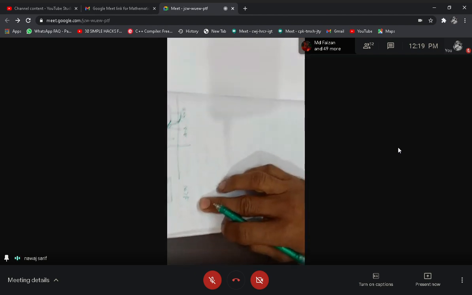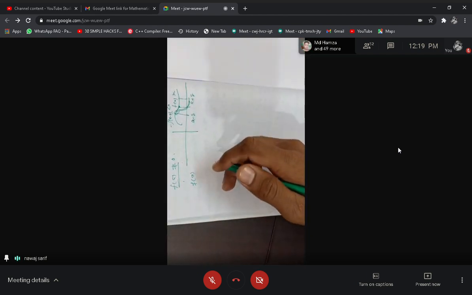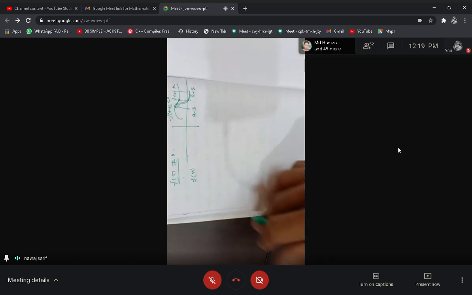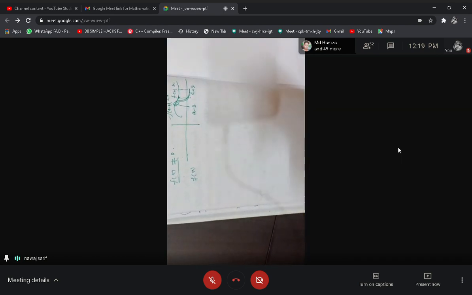Okay. Now if there is continuity, then there is also some discontinuity. Is every function continuous? There are lots of functions which are not continuous.